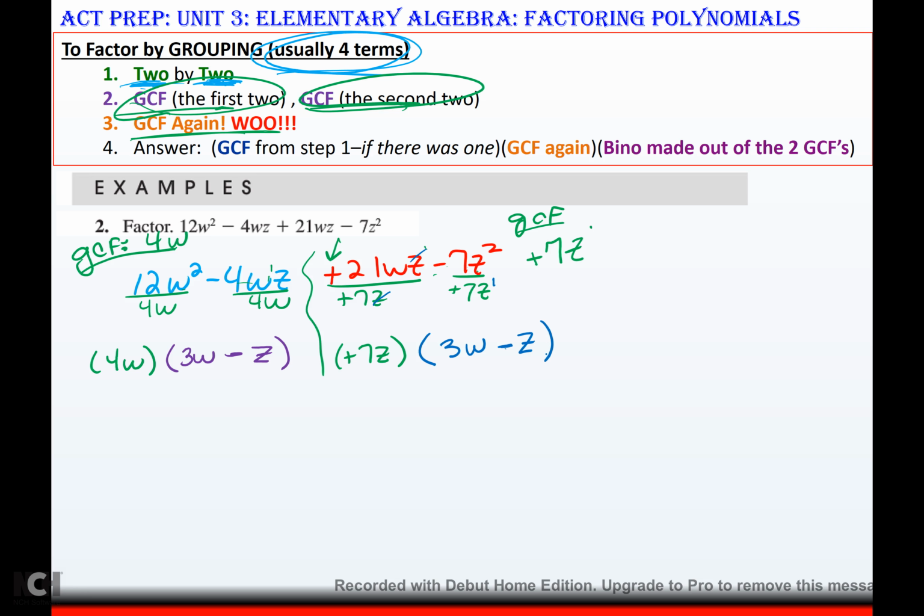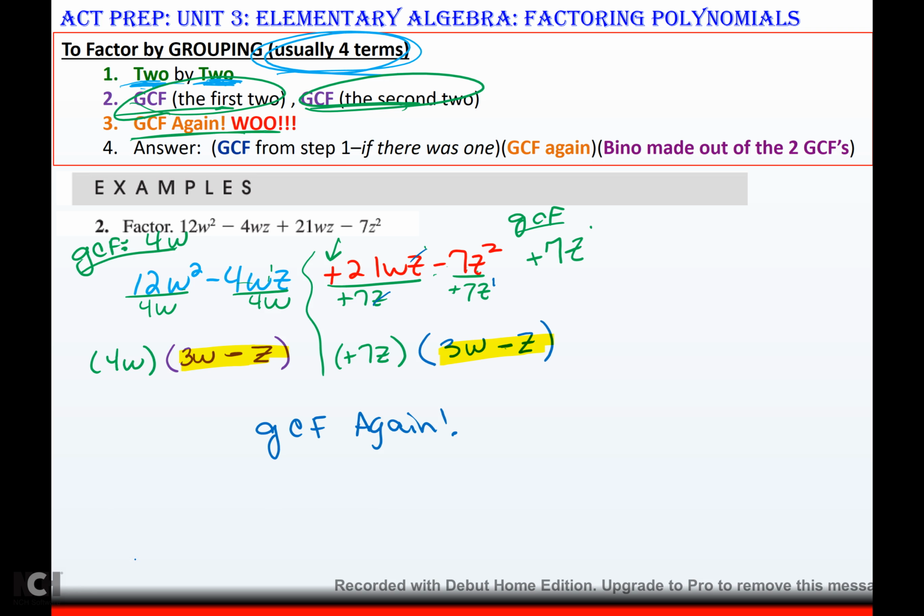And now we're going to GCF again. What you do is you look for the matching binomial. If you don't get a matching binomial after you 2 by 2, GCF, GCF, one of two things happened. Either you messed up, or the polynomial's prime and can't be factored in the first place.